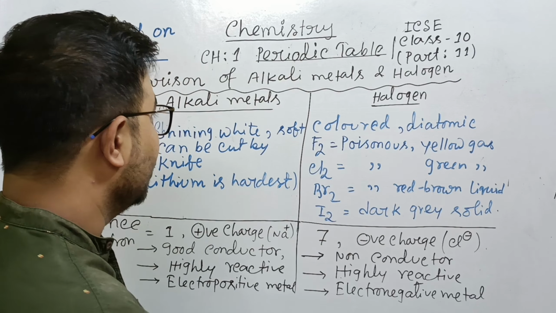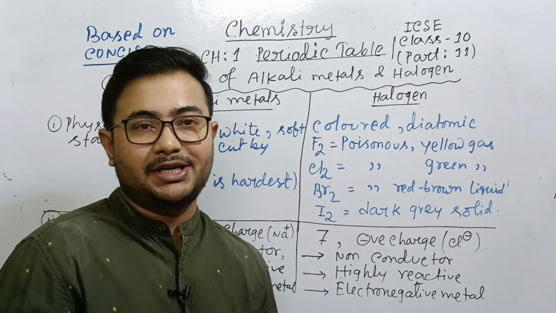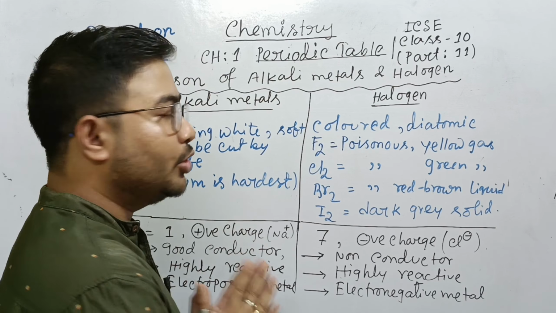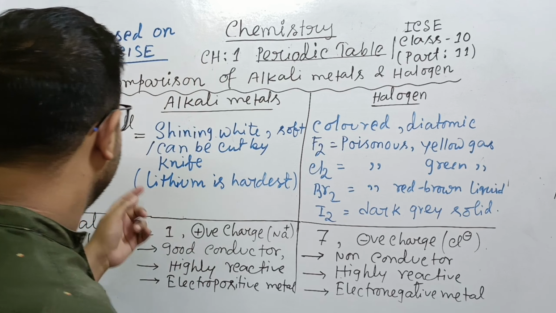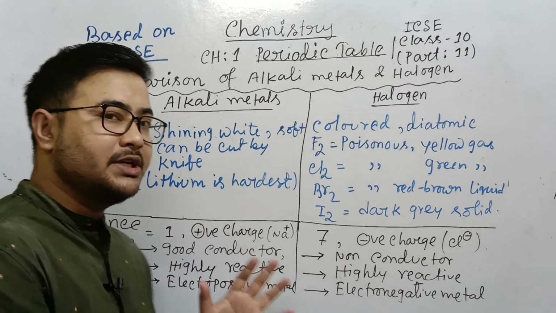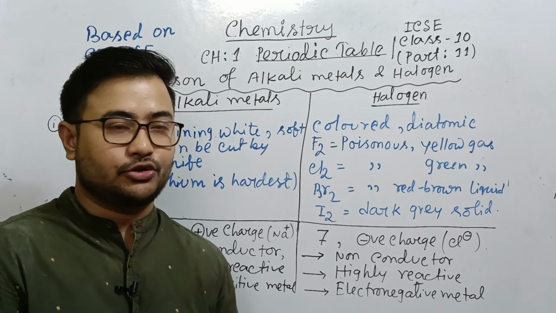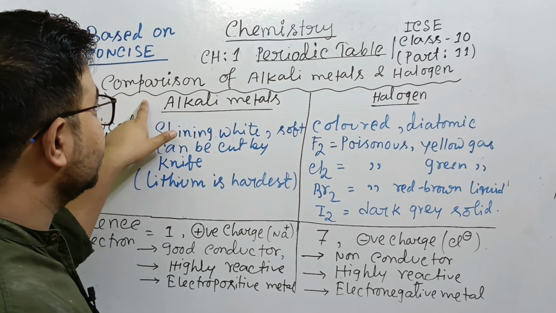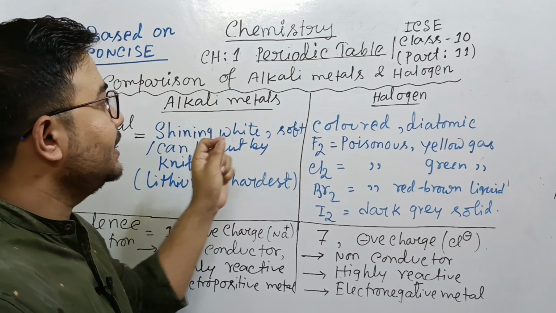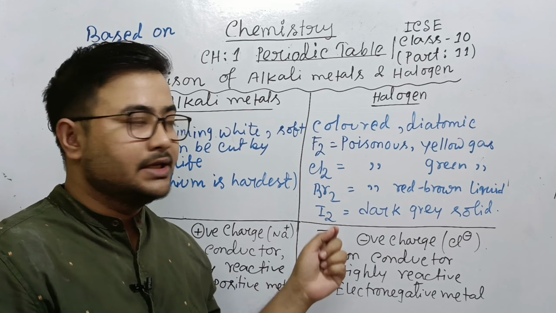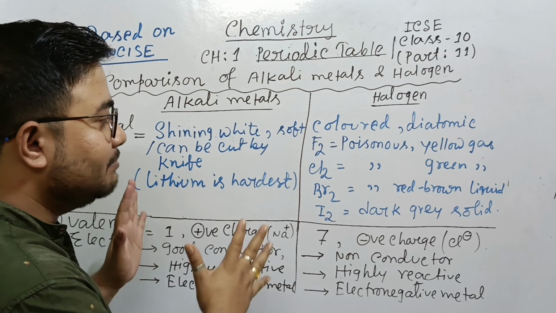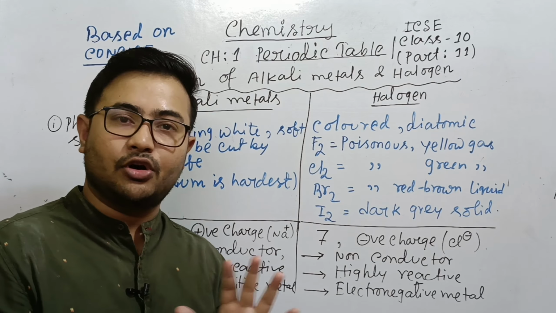Now look at the board. We will discuss many topics given in Concise, but two of the most important and basic concepts are physical state and valence electron. These two topics you have to memorize for short questions. If a question comes in the exam, compare the properties of alkali metals and halogens, my suggestion is to avoid these two points, because they are mainly for MCQ or short questions.